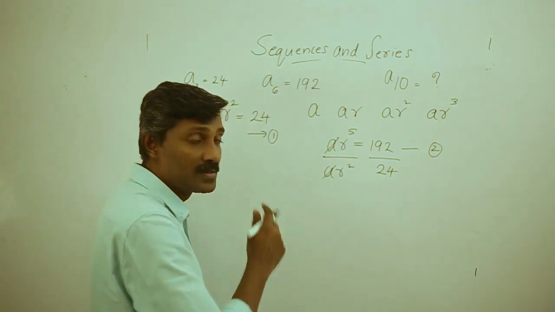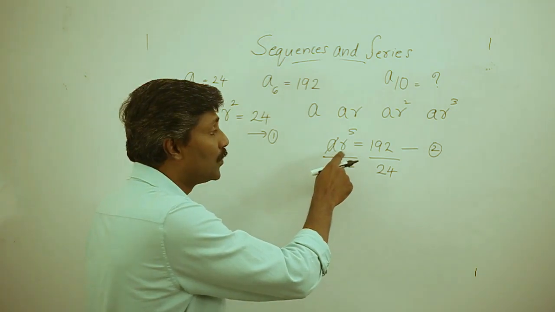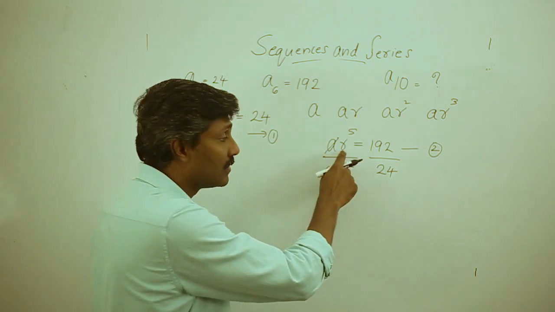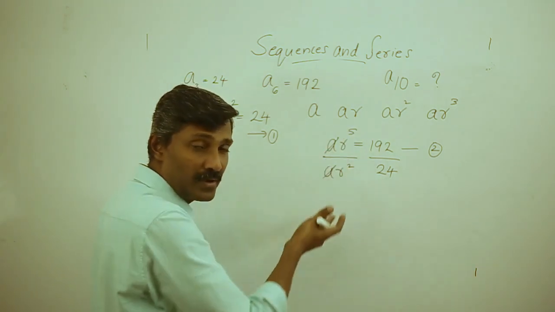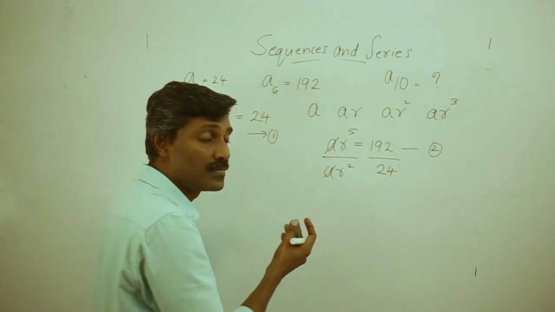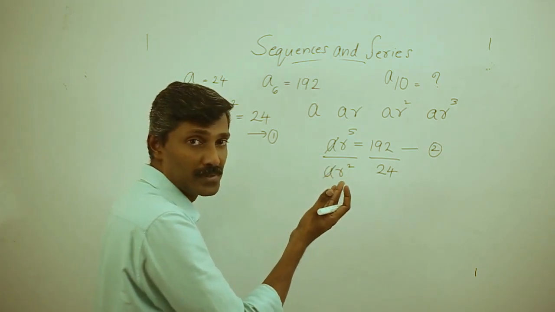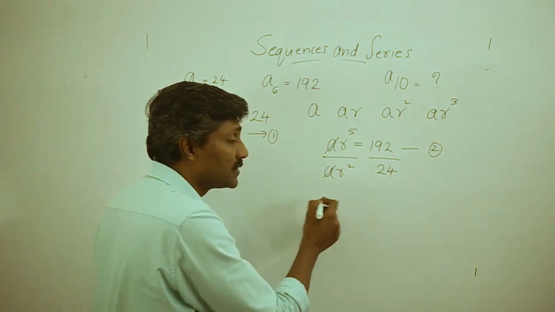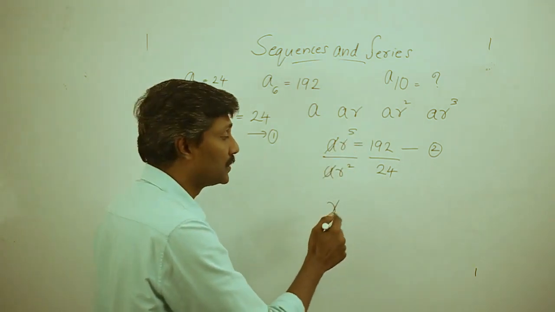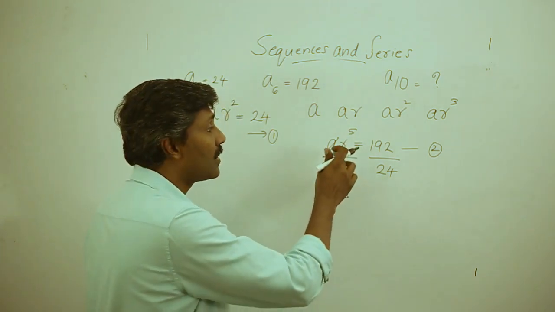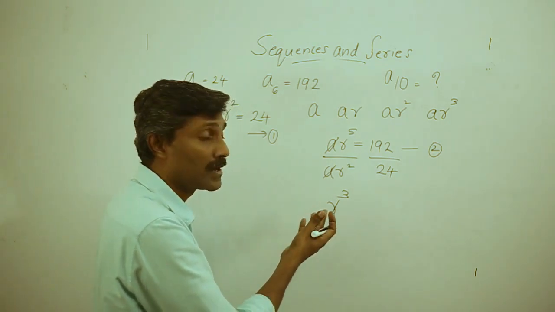Both have the same base r. Here the power is 5, here the power is 2. Once you divide two terms with the same base and different powers, write the base first and subtract the two powers. So this is basically 5 minus 2, that is r cube. So r raised to 5 by r square is nothing but r cube.